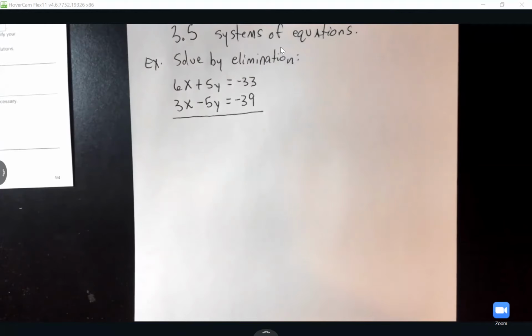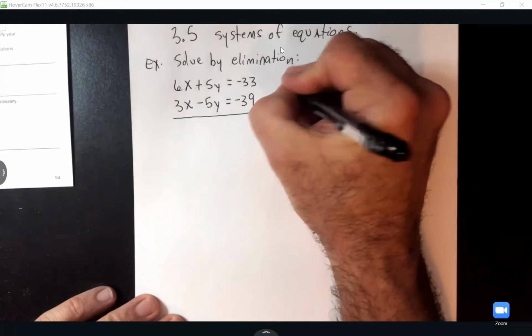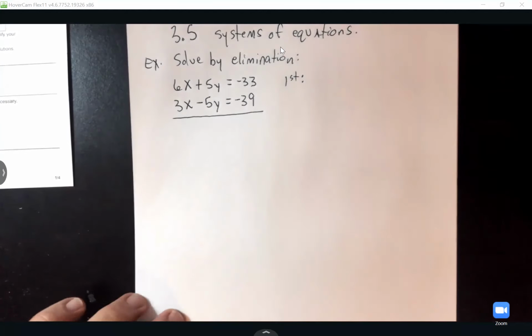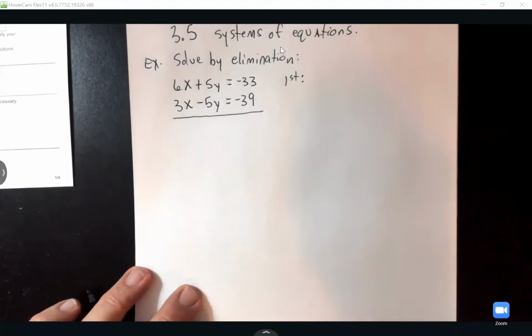Now, we're going to get rid of variables by adding these 2 equations together. Now, if I'm not able to get rid of a variable by adding these together, I can change either or both of these equations to make that happen.